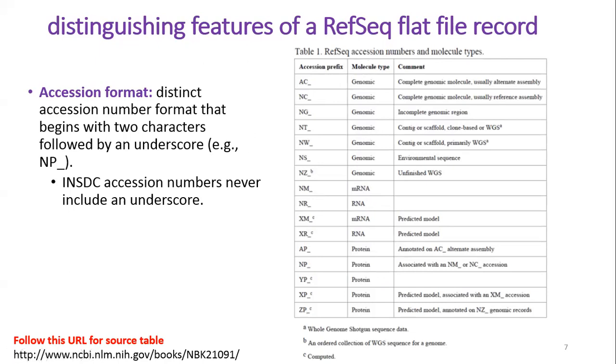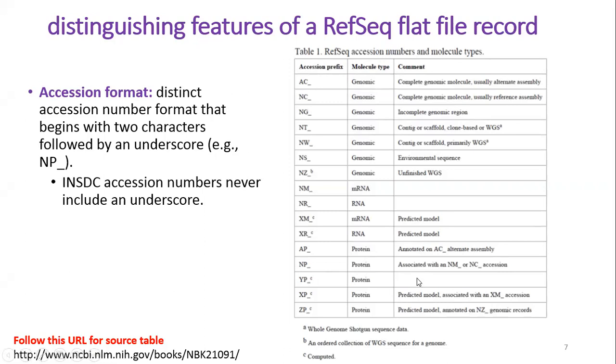Now, based on these accession prefixes, you can categorize what type of genomic sequence it is, what type of RNA sequence it is, and what type of protein sequence it is. It is all up to you to explore this table. For example, if the accession prefix is NP underscore, that means the flat file with that accession number belongs to a protein.